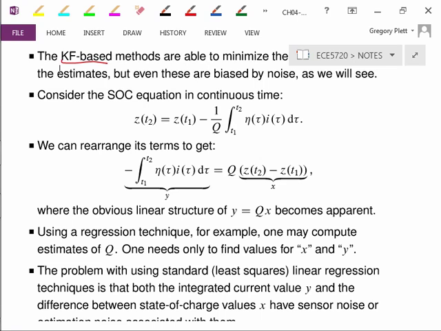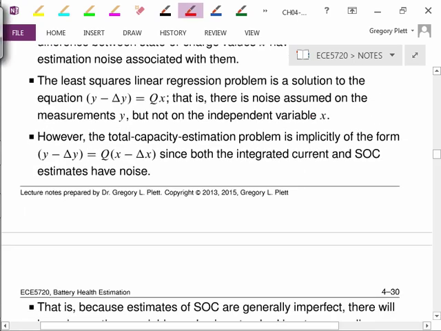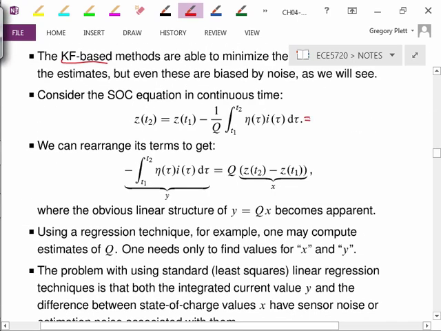And we can rearrange this to be z at t2 minus z at t1 equals minus 1 over q times the integral, and then multiply both sides by q, and we get this equation here. So negative integral of current equals q times the difference in state of charge.